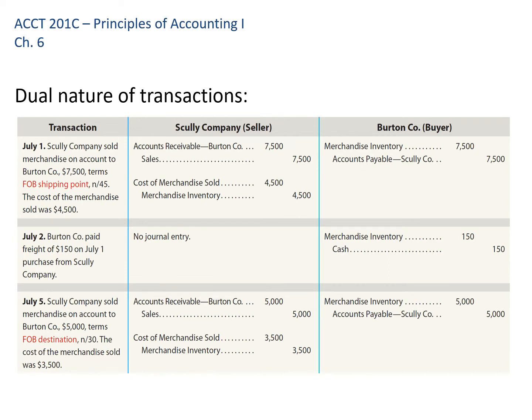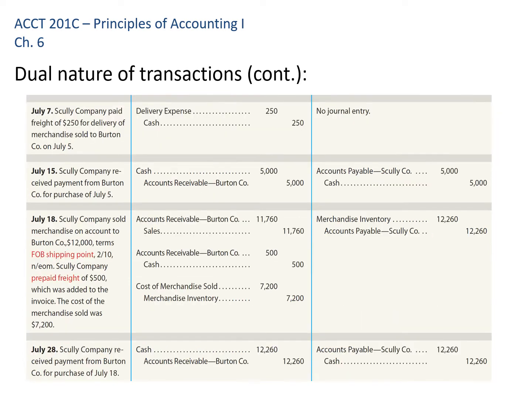Now the terms are FOB destination, net 30, and the cost of the merchandise is $3,500. In that case, we do the two entries on Scully's books, and the entry on Burton's books as we did in the first example. Then when Scully pays the freight charges for delivering that merchandise to Burton Company, they record delivery expense, which is a type of operating expense for Scully, and Burton didn't incur any freight charges.